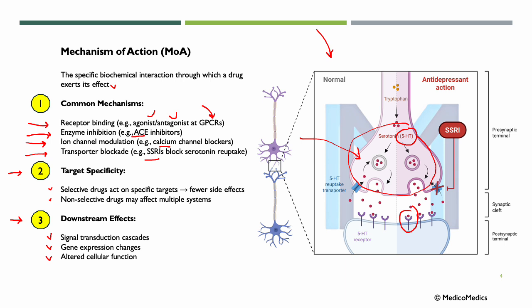And it is then taken back up by serotonin reuptake transporters, seen here. Now, the SSRI blocks this transporter. So this will then prevent the reuptake of available serotonin. And the result of this is a therapeutic antidepressant effect.